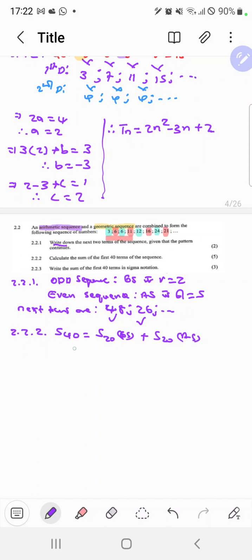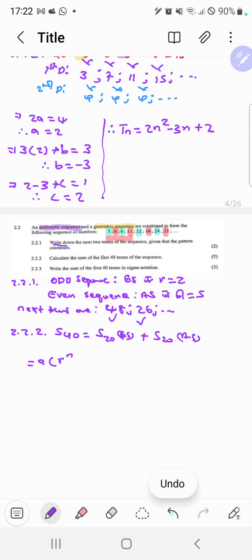And then of course, we're going to have here, this is going to be equal to, of course, we said that is the GS. So GS sum of 20 terms is going to be what? A into, remember we found that our R was 2, which is greater than 1. So it's going to be R to the exponent N, which is basically 20.